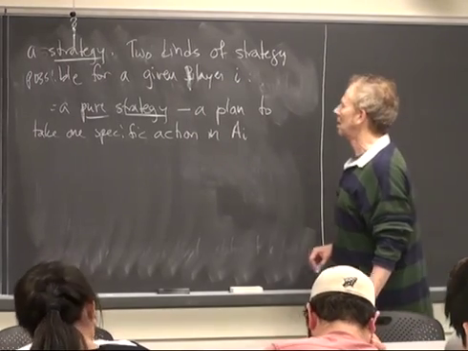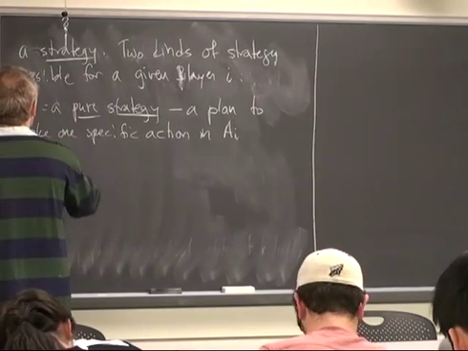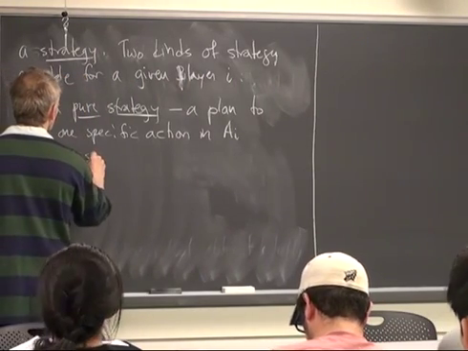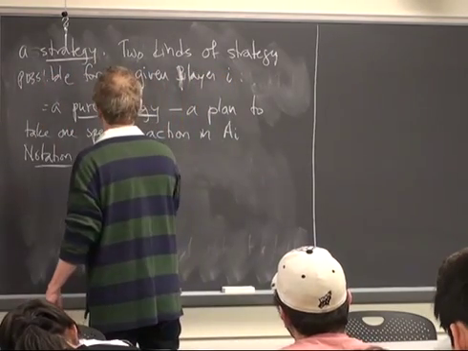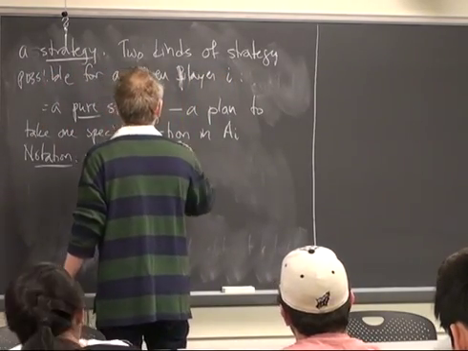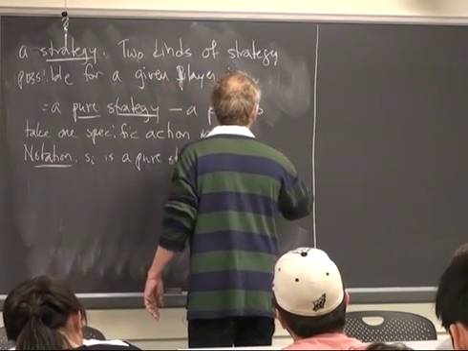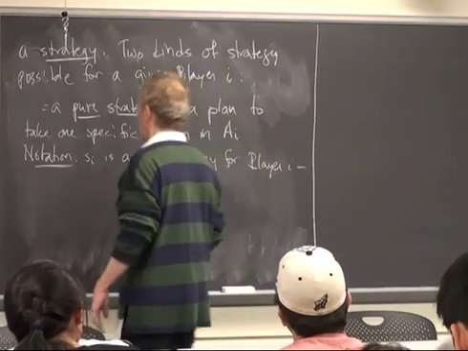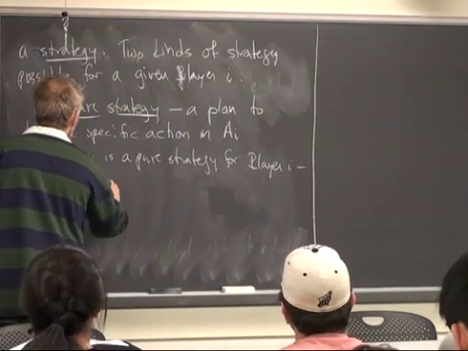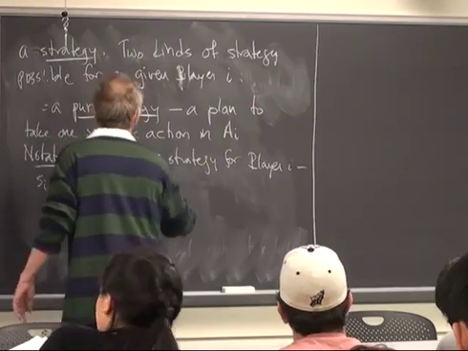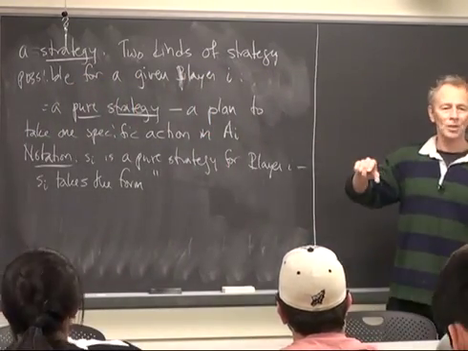Okay? And a typical notation is going to be s sub i. s sub i is a pure strategy for player i. And s sub i takes the form, and I'm going to be really pedantic here about distinguishing between strategies and actions.